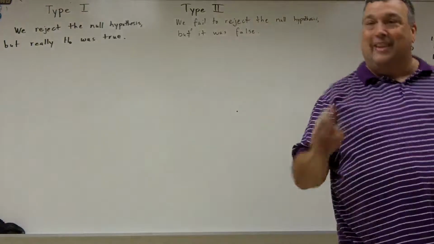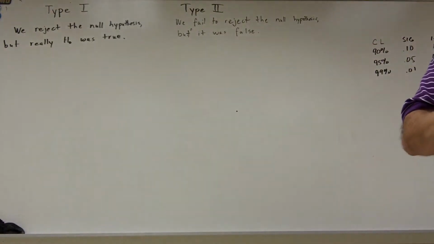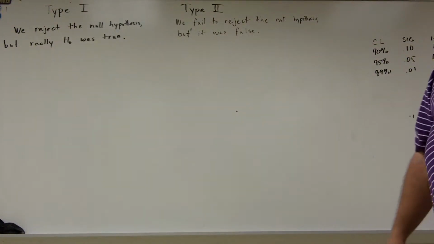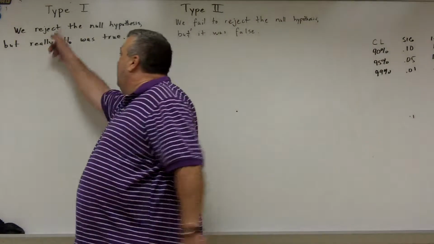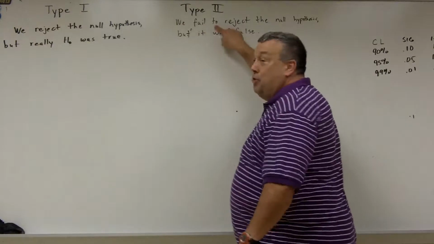Really easy at the end of a test to know which one you could have made. You say, well, I'm not going to remember. Yes, you are. We either reject, type 1, or we fail to reject.